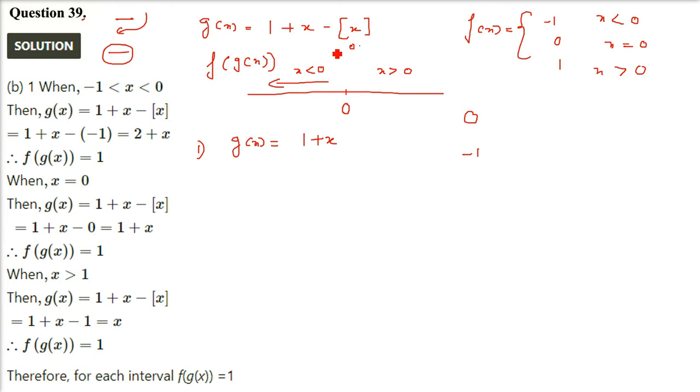So what will happen between 0 and minus 1? Minus 1 will be taken because this is a floor function. Floor function always takes the lower value. So just put -1 here. Assume that we are going from 0 to minus 1, and this will take as -1. [x] will be -1 here. So 1 plus [x], this is 1 plus -1.